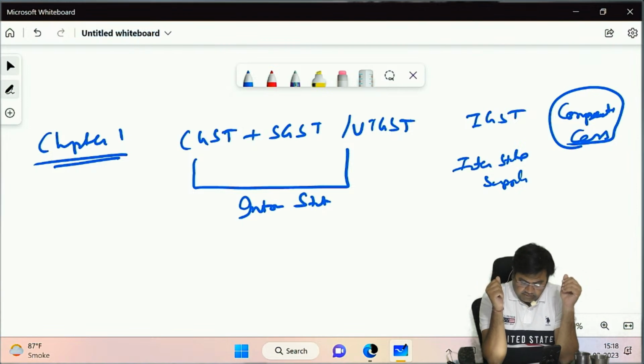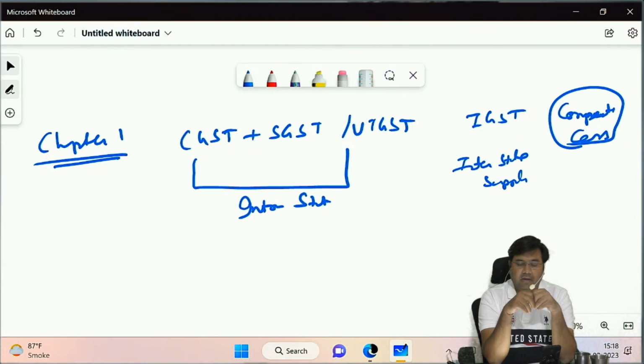Then we discussed fixed establishment, location of supplier of services, and location of recipient of services. So this definition we discussed. Remember, in both, if it is done from the registered place, then that is going to be the location of the supplier of services, and if it is received there, that is the location of the recipient of services.